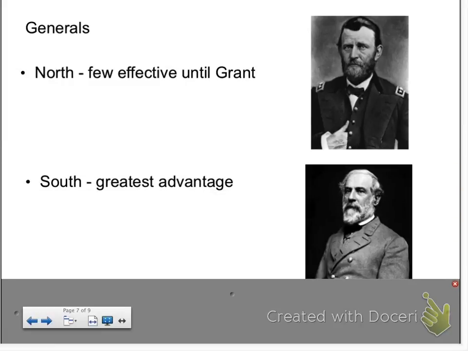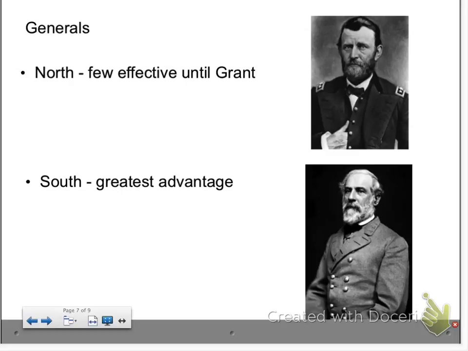The South's greatest advantage was their generals. You've got Lee, Pickett, Stonewall Jackson. Have you heard of him? Those are some pretty good generals. Lee was the general for the entire Confederacy for the entire war.